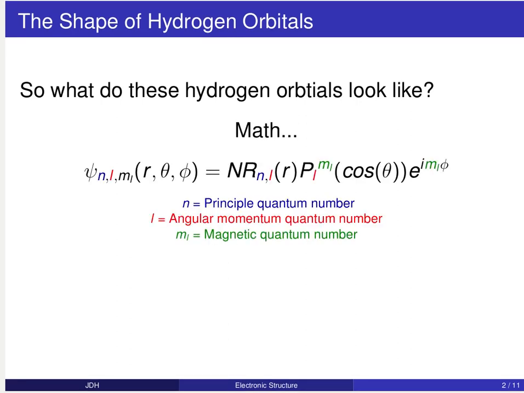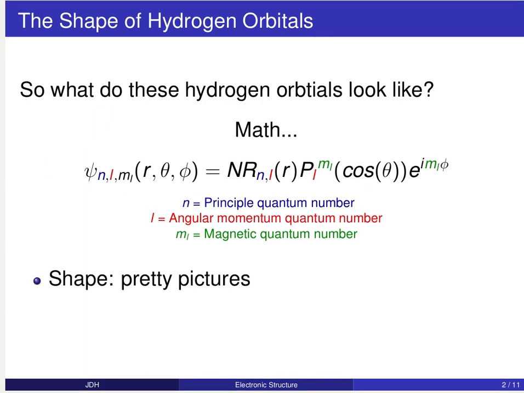Now remember, what we've done so far is basically motivated this concept of an orbital as a solution to the Schrodinger equation. We've said that there's an infinite number of these solutions, and each one of these individual solutions is characterized by a set of three quantum numbers, right? N, L, and M sub L. Okay.